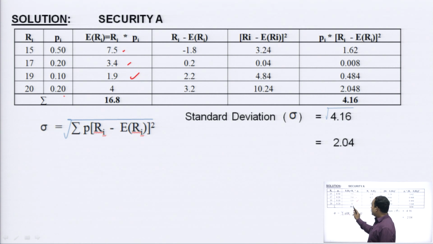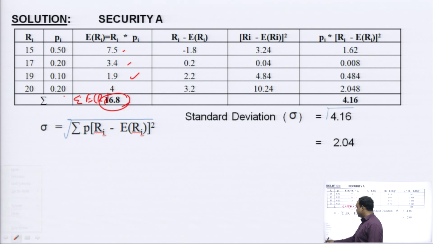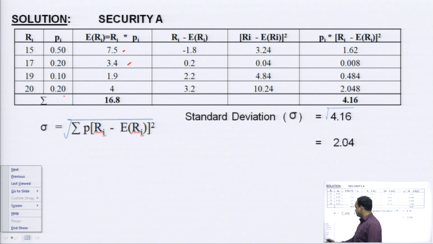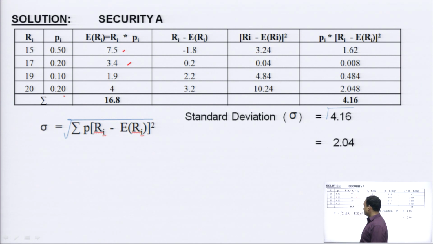The total is 16.8. This is the total expected return, the summation of ER_i, 16.8.